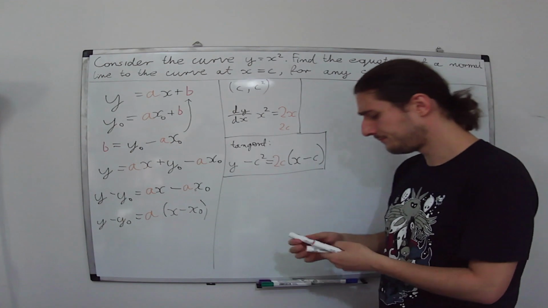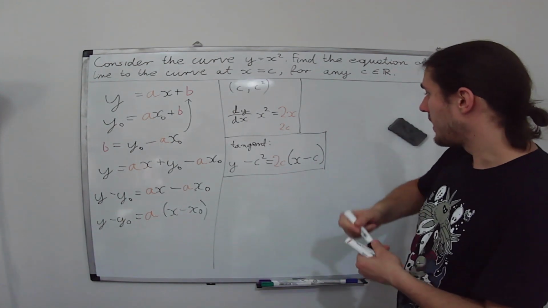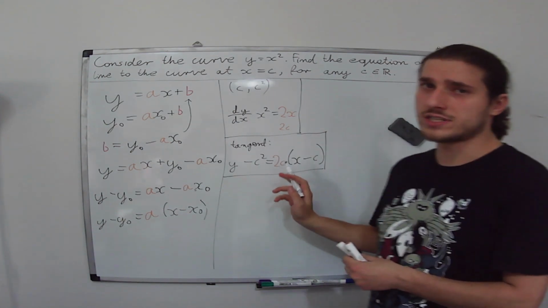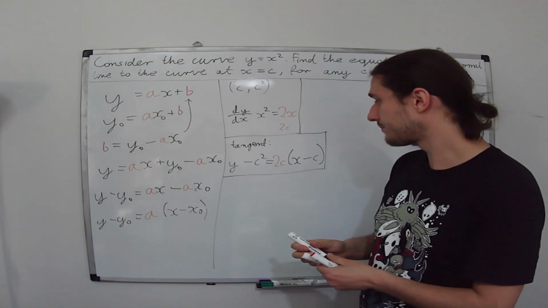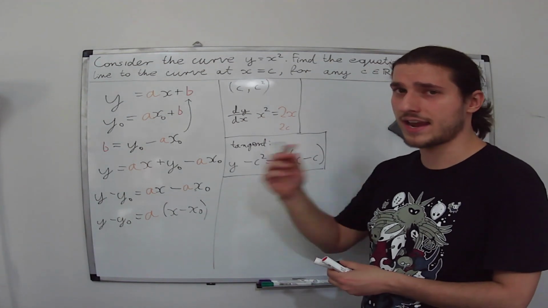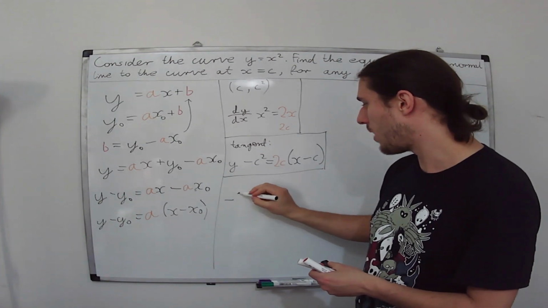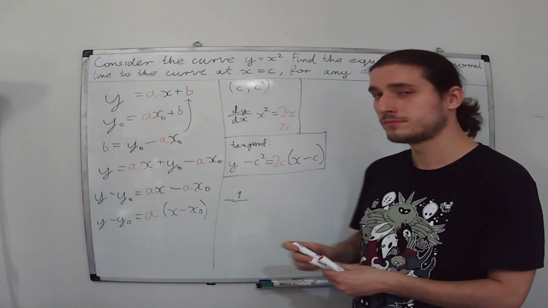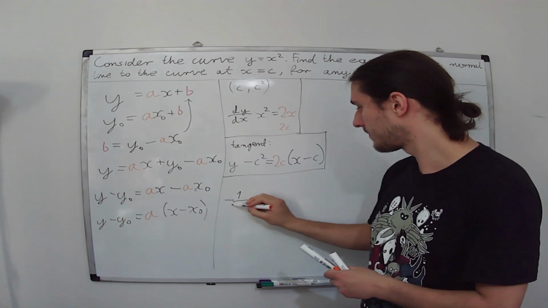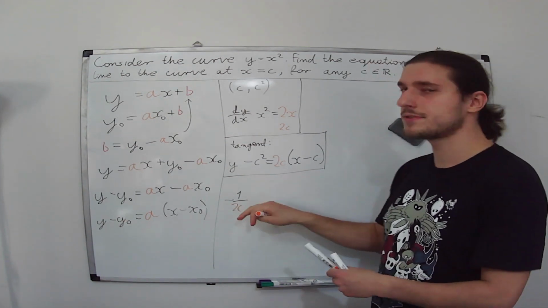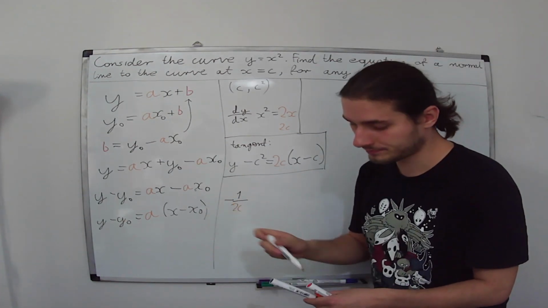What do I mean by that? If the gradient for a tangent is 2c, then the negative reciprocal of that will be minus 1 over 2c. It is inverted, it's also negative.